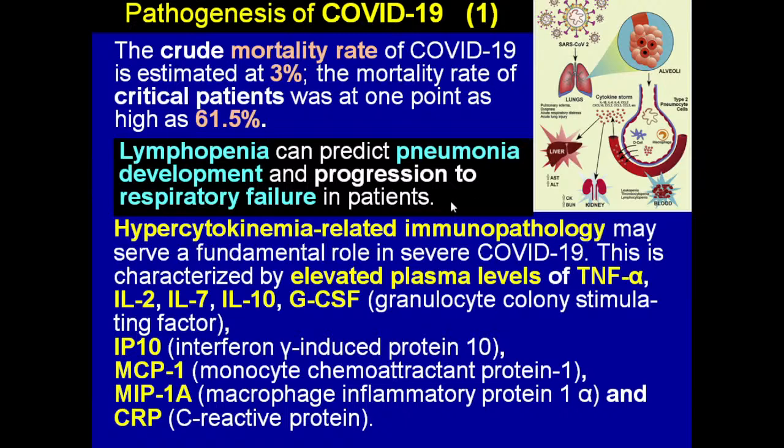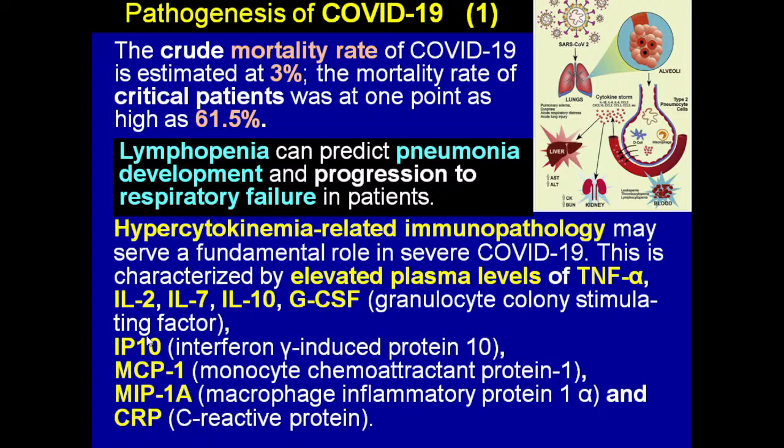Hypercytokinemia-related immunopathology is the clue in understanding the damage to the host tissues, because it is characterized with elevated plasma levels of tumor necrosis factor alpha, interleukins 2, 7, 10, granulocyte colony stimulating factor.